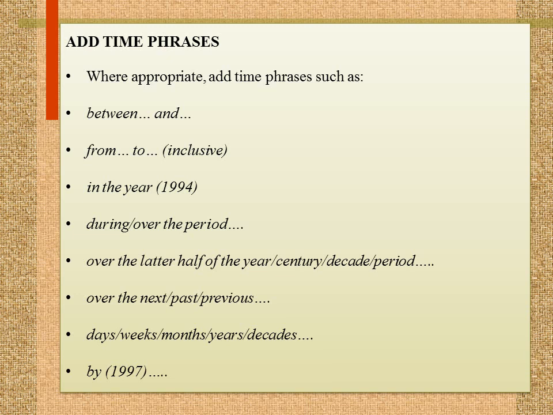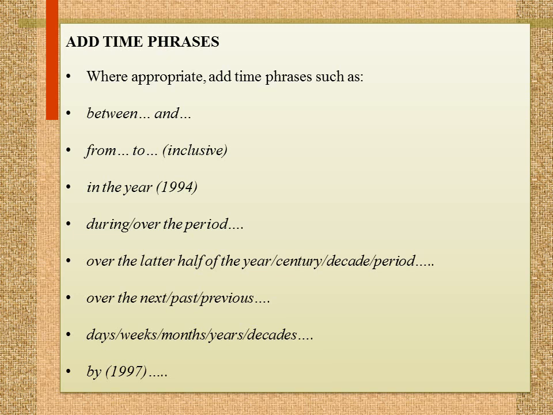So therefore, I have given phrases here. Now, if you have 2019 and 2020, you can use between and, so you are representing a time phrase. Or if you are using years, you can use from this year to that year.